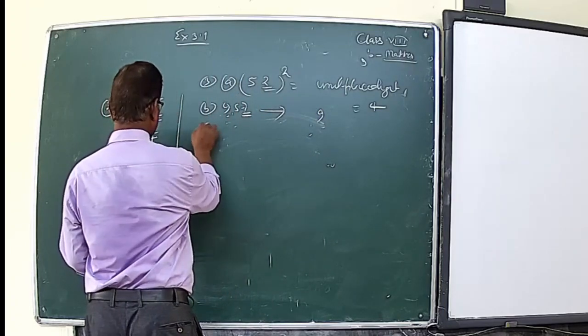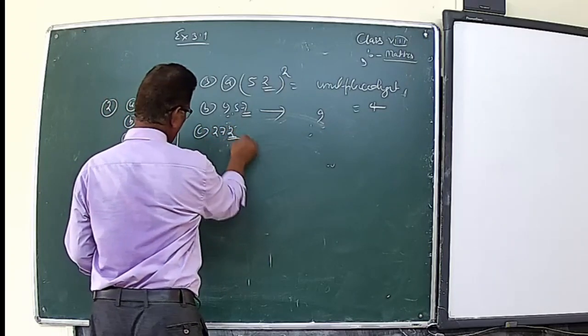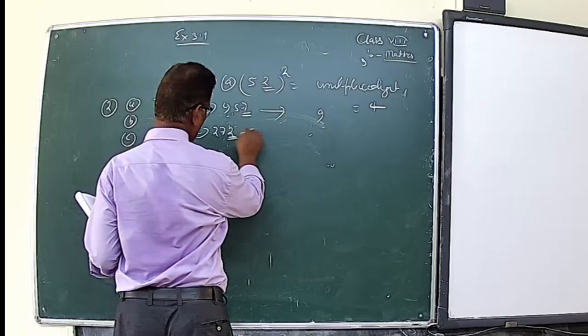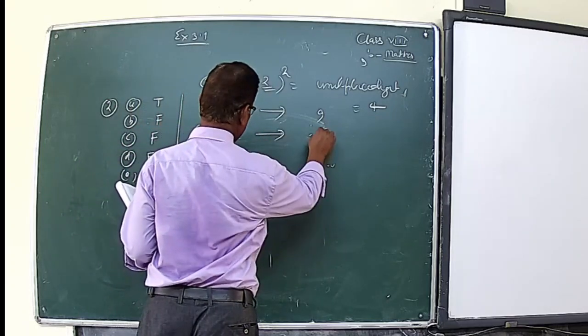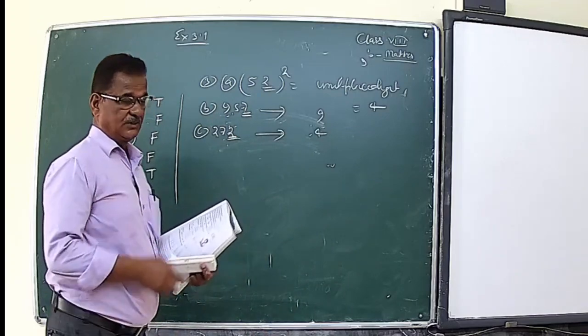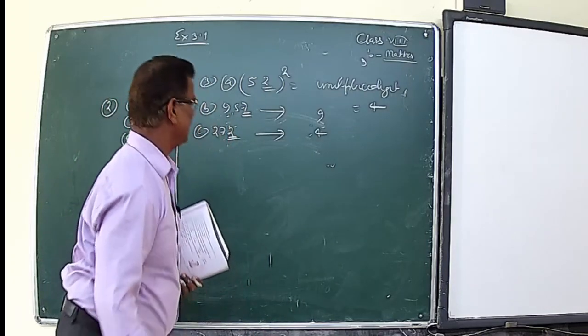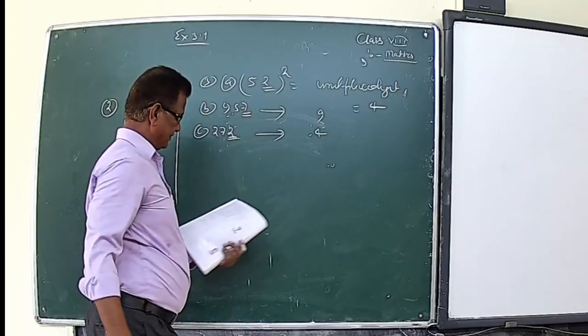Given 272, the units digit is 2, so the units digit of the square is 4. In this way you can get the units digit of the square when you know the units digit of the given number.